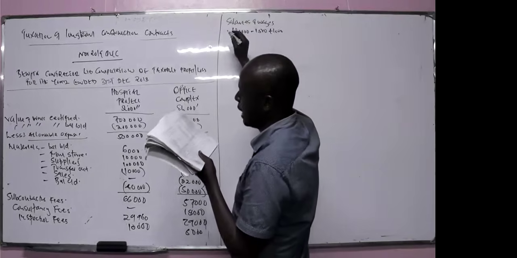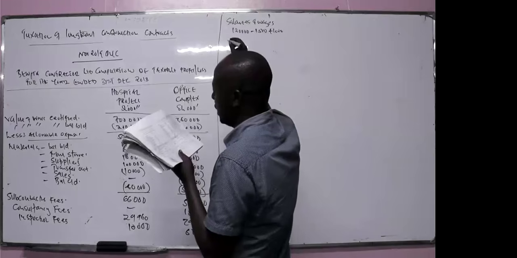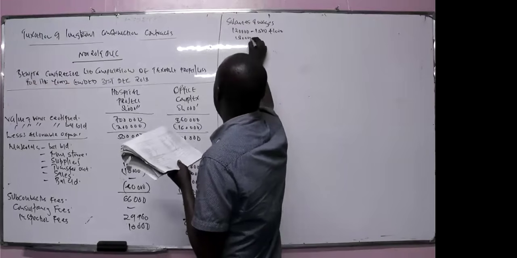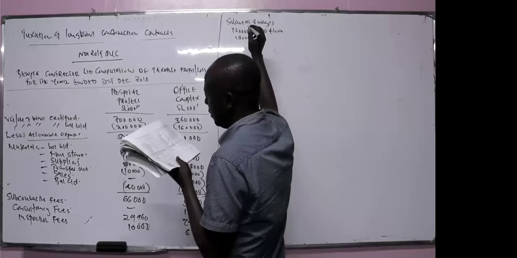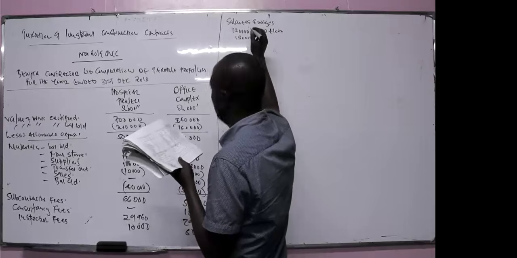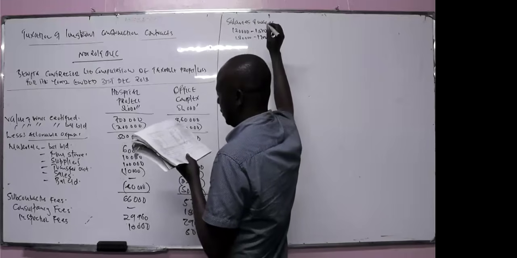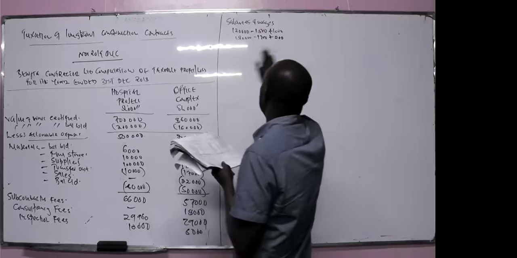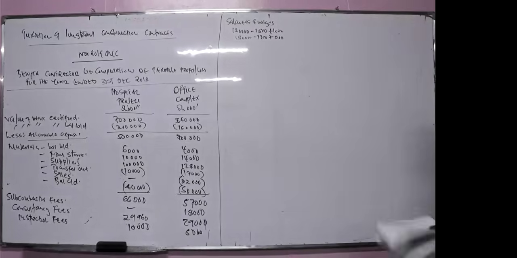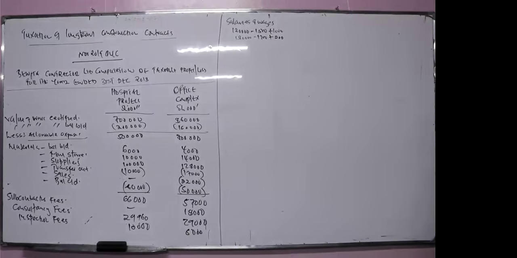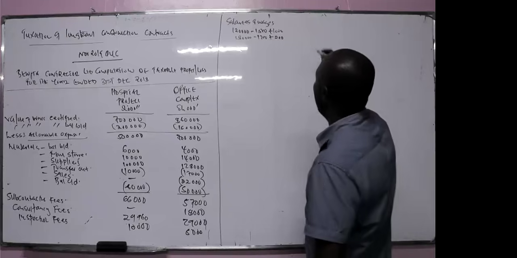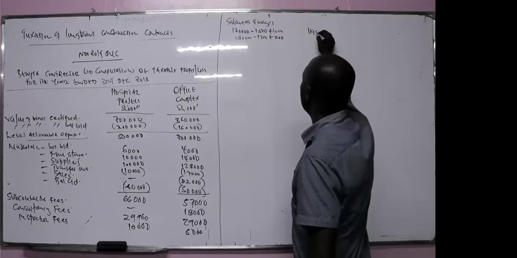The other one is how much? 180, minus 1,200 plus 2,000. So how much do you get the first one? 119,500.